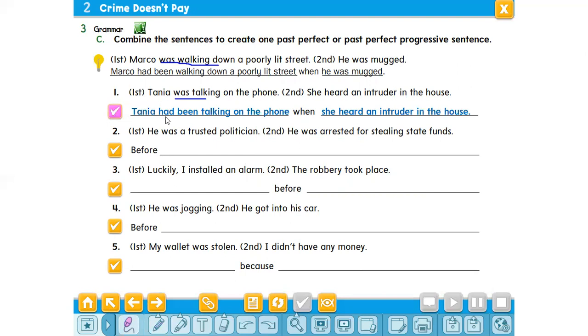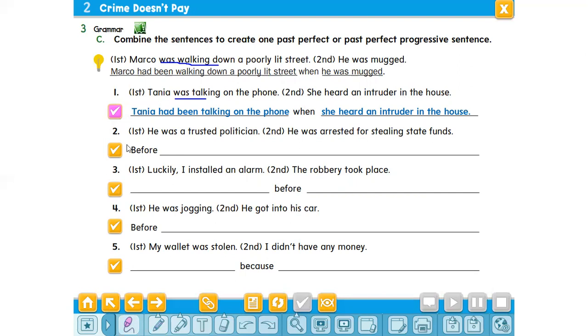Tina had been talking, past perfect progressive, had been -ing, on the phone when she heard the intruder in the house. The second action is in the past tense.